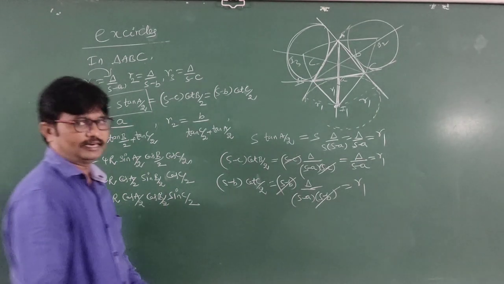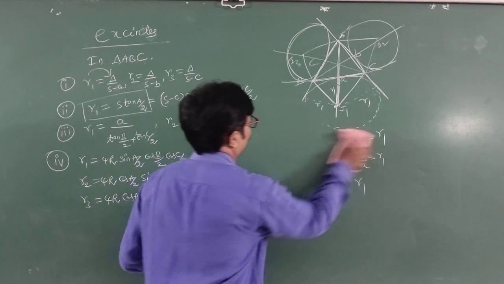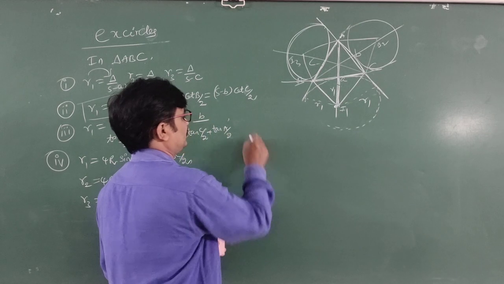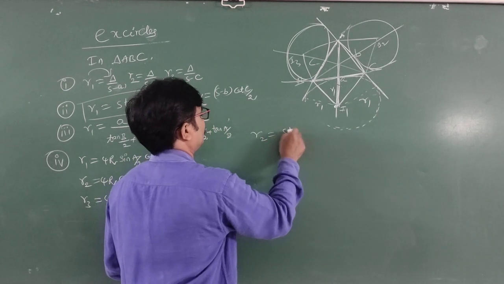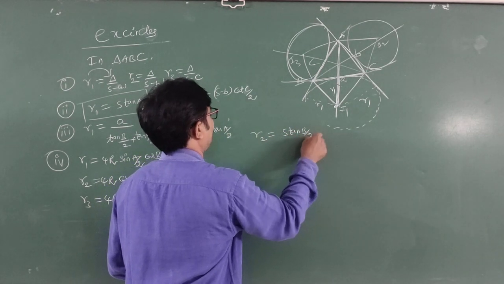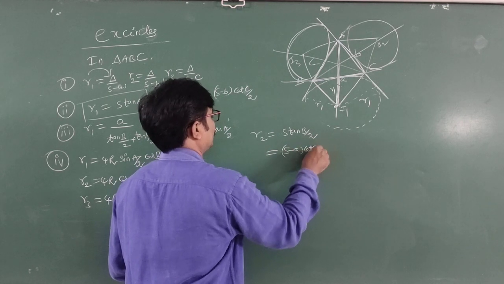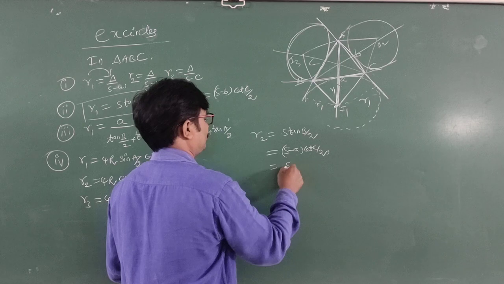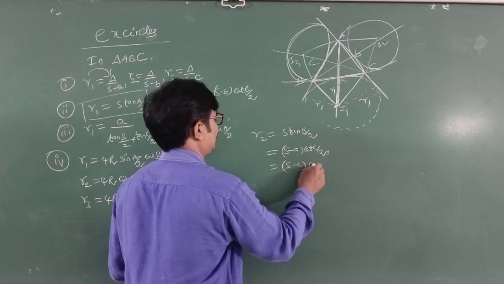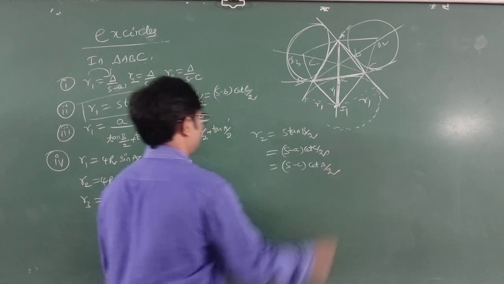Similarly students, we can prove R2. My dear students, R2 we can prove is S tan B by 2. After that students, (S minus A) cot of C by 2. After that students, (S minus C) cot of A by 2. Is it clear?